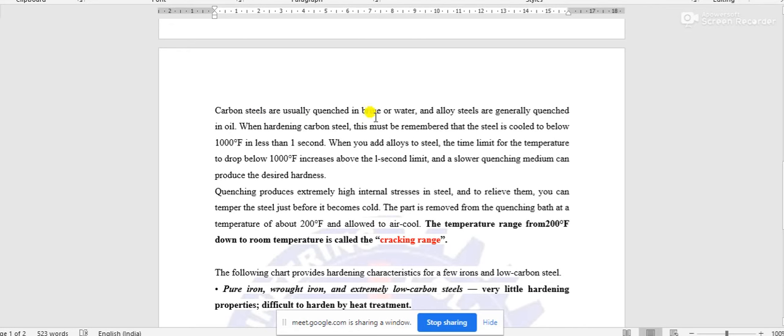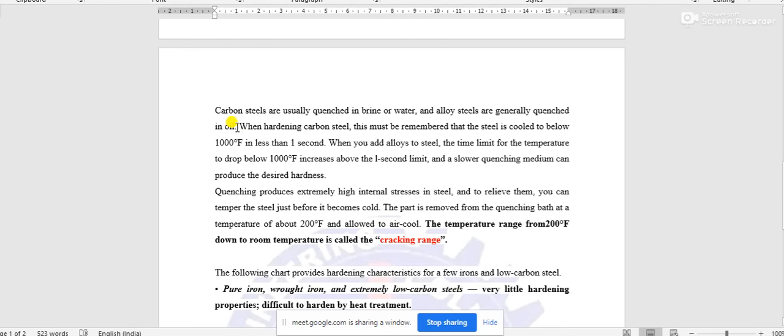Brine is nothing but the mixture of water and common rock salt. And alloy steel means steel mixed with some other material like nickel or cobalt, with carbon obviously, and alloy steels are generally quenched in cold oil.